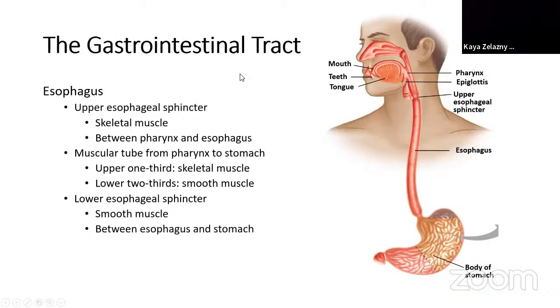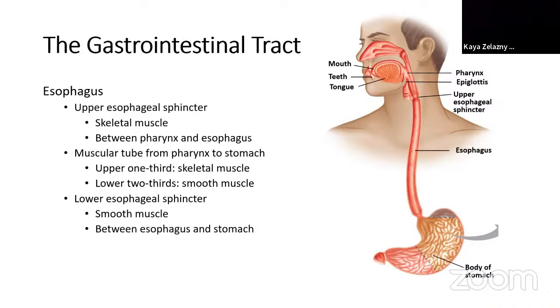So once we're in the esophagus, we're going to travel through a couple different regions. A lot of places we're going to see multiple sphincters, like we saw when we were looking at the bladder in our last unit. So we're going to have an upper and lower esophageal sphincter.